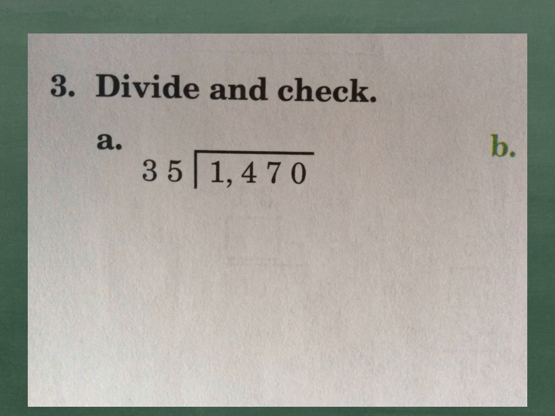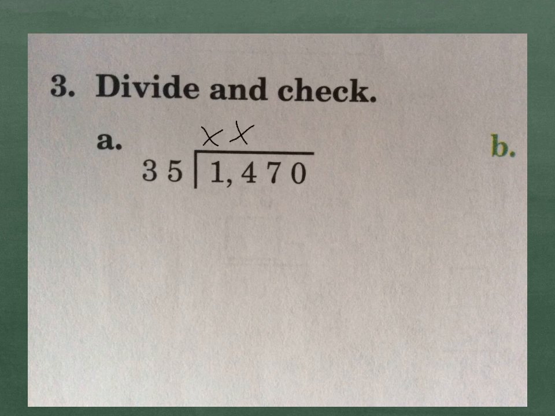Okay, 3A, it's telling us to divide and check, and we'll do that together now. 35 does not go into 1. It does not go into 14. But it does go into 147. Now 35 is kind of in the middle of 30 and 40. I'm going to imagine that here it's a 40 or a 30, either one.